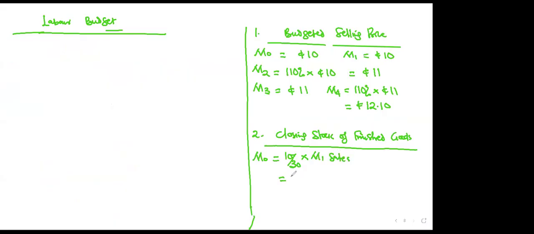And so that will give us 10/30 times 17,700, which is 5,900. Month 1 will also be 10/30 of month 2 sales. What is month 2 sales?